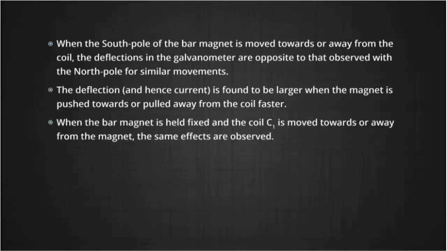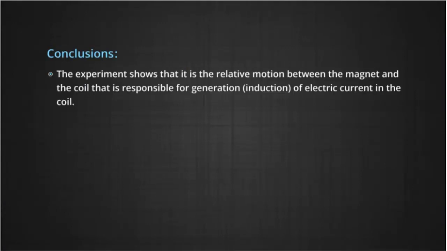When the bar magnet is held fixed and the coil C1 is moving towards or away from the magnet, the same effects are observed. So, we can conclude that it is the relative motion between the magnet and the coil that is responsible for the generation or induction of the electric current in the coil.